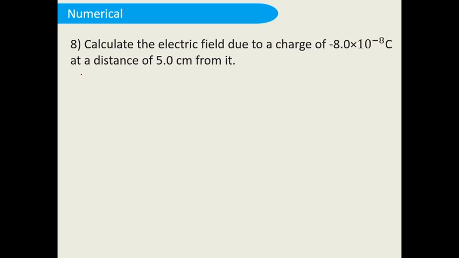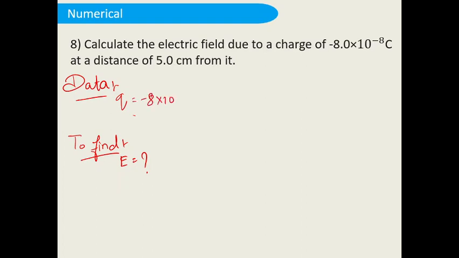So the next question is to find, the first thing is data. Calculate the electric field. That means to find electric field E is equal to question mark, due to a charge Q equal to minus 8 into 10 raised to power minus 8 coulombs, at a distance D equal to 5 centimeter, we can say 5 into 10 raised to power minus 2 meter.